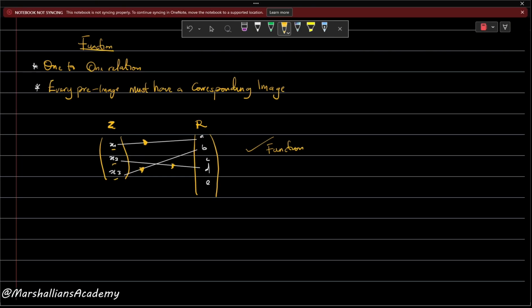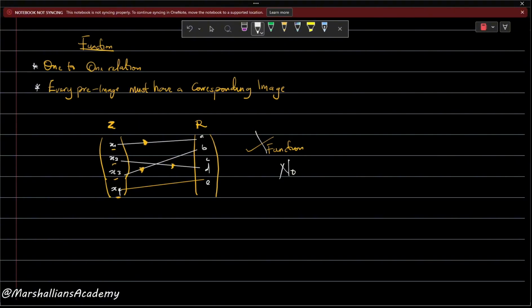Are we together? Imagine there is an element 4 inside this domain, and let's call this x4. Does this still qualify to be a function? The answer is no, big no. Why? Because there is still one pre-image without a corresponding image. So for it to be a function, this must be related to something else.